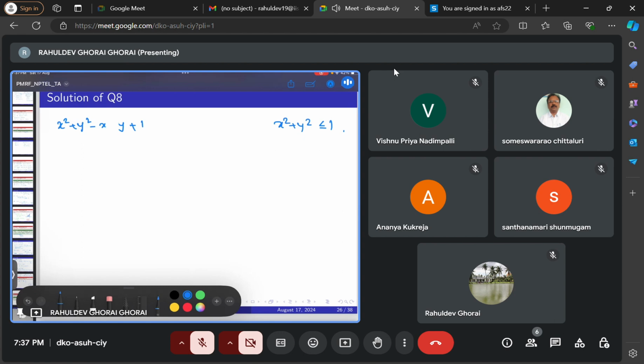So this is the function mainly, and in this domain you have to find out the maximum and minimum. Can you do it? Can you try? You want to try, or I will do it?